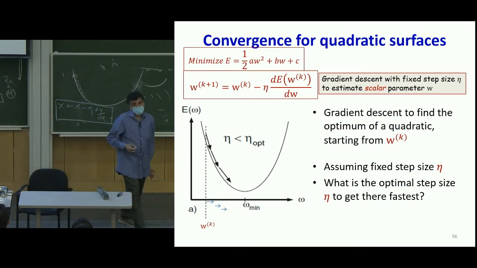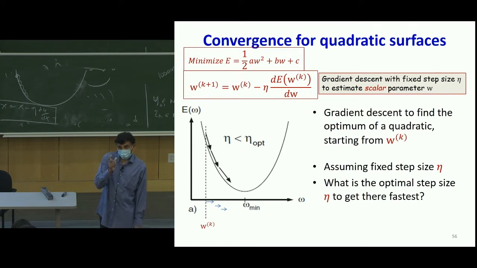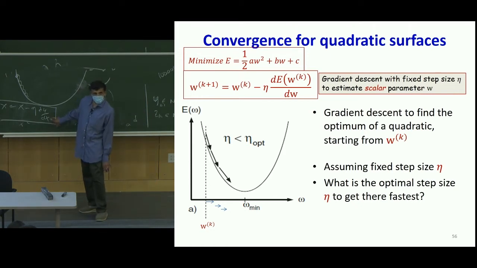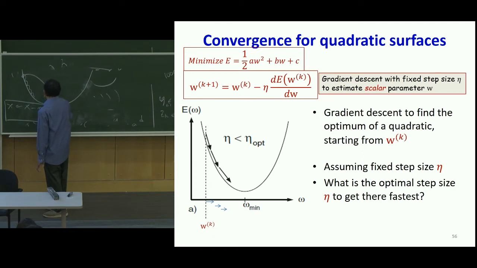What is the fastest way to get to the solution? So this is the rule I'm going to be using, right? What is the fastest way to get to the minimum? I can take a learning rate that just gets me to this point immediately.